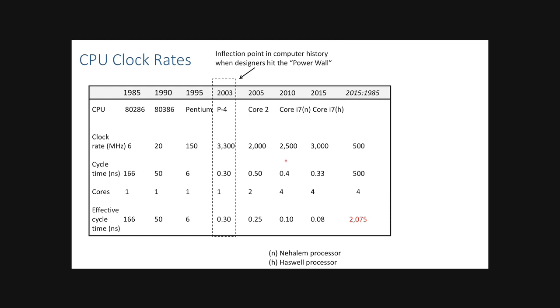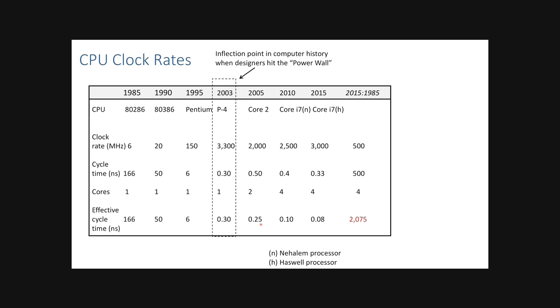But generally speaking, what's happened is that the cycle time for a Pentium 4 here was 0.3 nanoseconds, but then when we start having more than one core, even when we drop the cycle time because the clock rate goes down, we still can have an effective cycle time that's less because we basically take this cycle time and divide it by the number of cores we have, and that's effectively how fast our machine can be going if we can take advantage of running something on both of those cores.